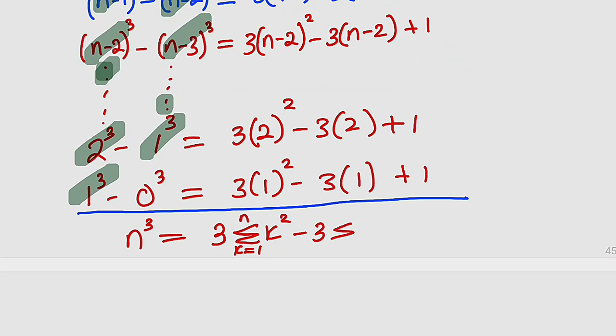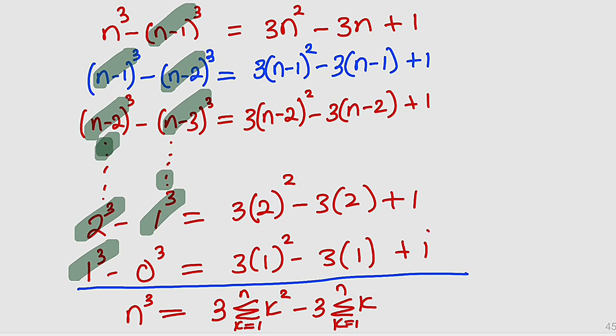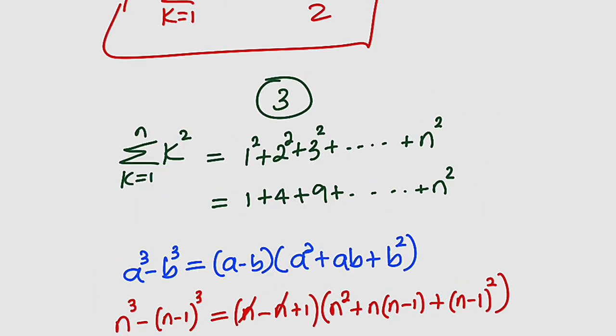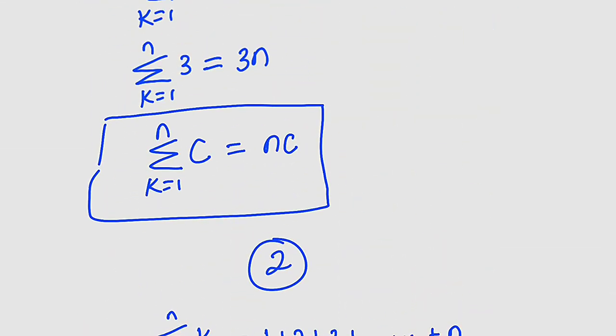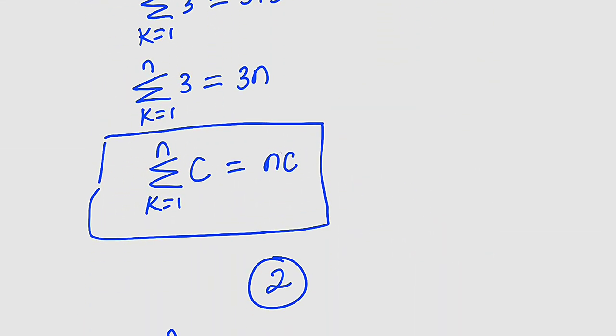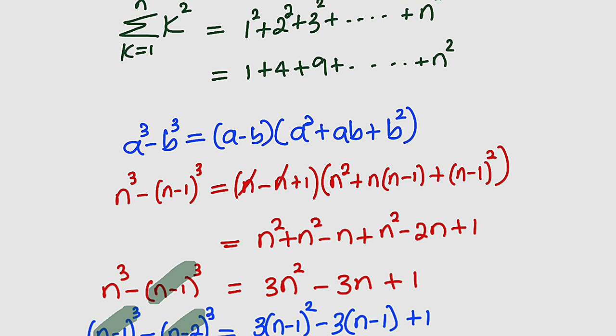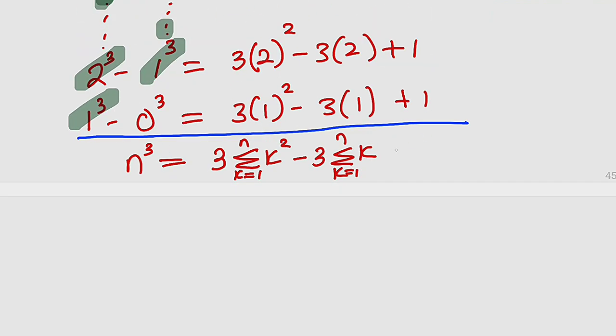So we have the summation of k from 1 to n. And lastly, we have 1 plus 1 plus 1. This is what? n number of ones. They are all ones. And that's exactly the first one we started with. You see that? It is the same thing as nc, for which c is that 1. n times 1 is n. So we have n here.